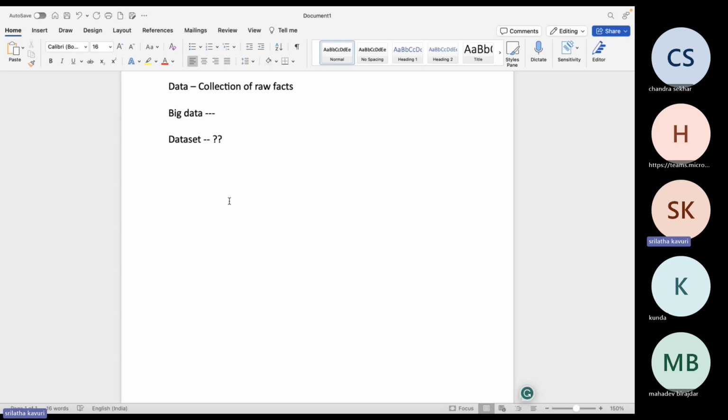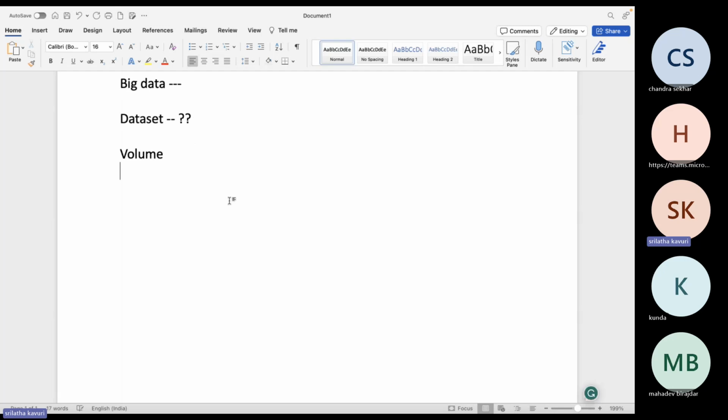For that, we need to look at three parameters, which we call the characteristics of big data. One is volume, another is variety, and the other is velocity. Whenever we get a data set, if we need to decide whether it is big data or not, we should check with these three parameters.